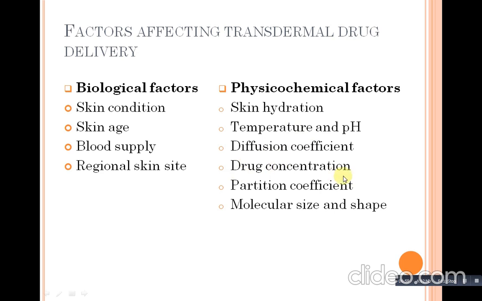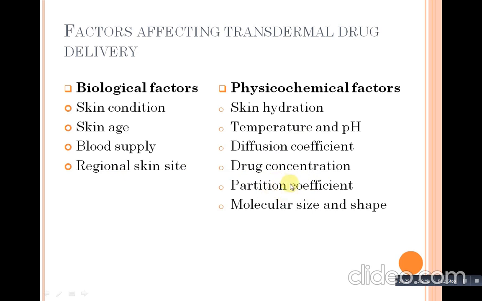Drug concentration: if the concentration of the drug is high, the concentration gradient will be maintained and permeation will be faster. Then partition coefficient, which must be optimum or sufficiently high. If partition coefficient is high, the drug is sufficiently lipophilic so that it will permeate, but it should not be too high.